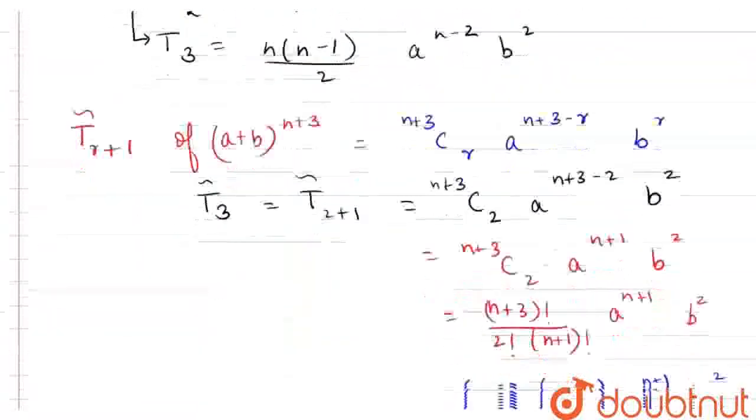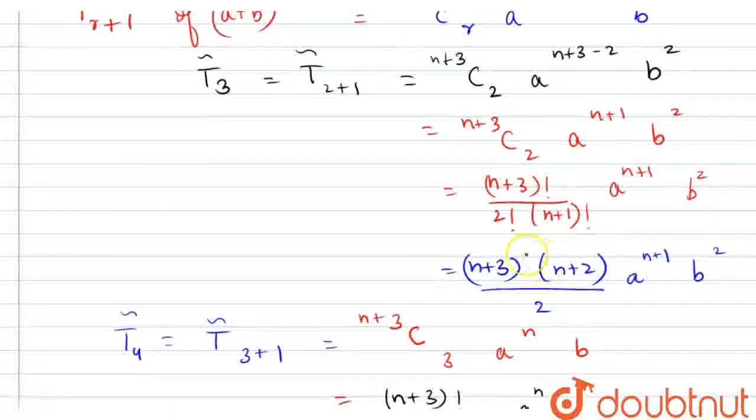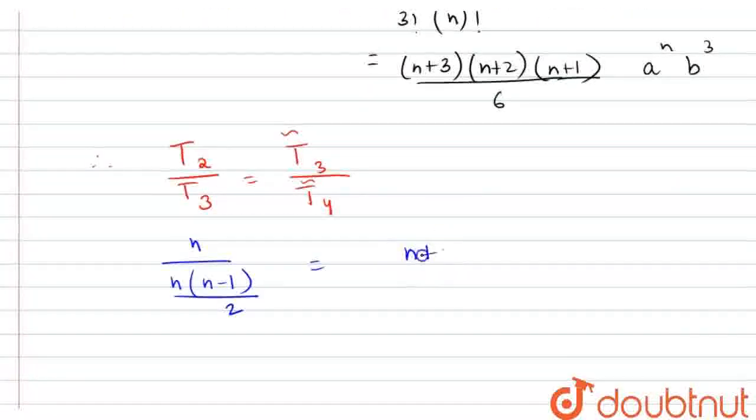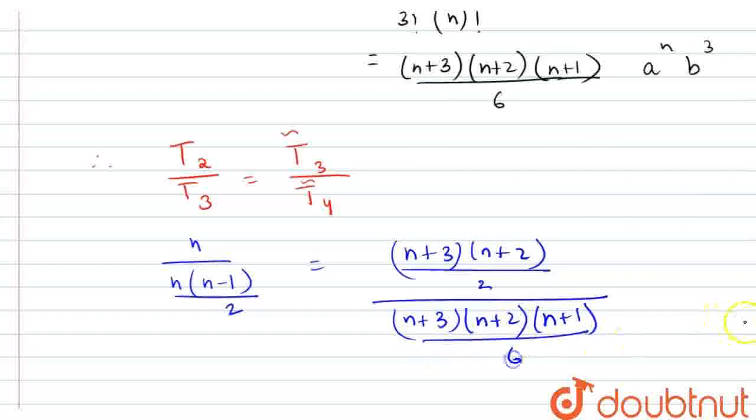So we'll write n by n into n minus 1 by 2, and t tilde 3, what we had gotten, n plus 3 into n plus 2 by 2, divided by n plus 3 into n plus 2 into n plus 1 divided by 6.